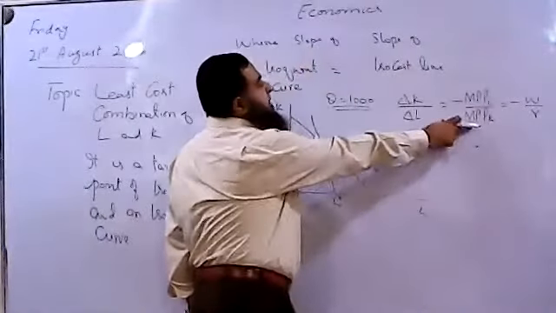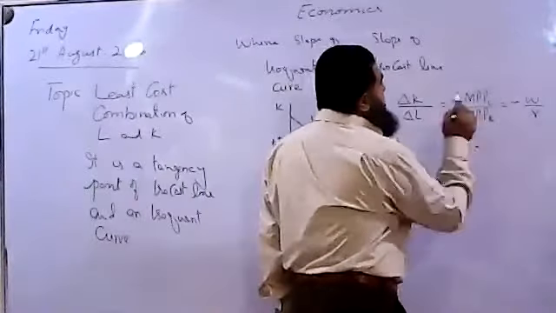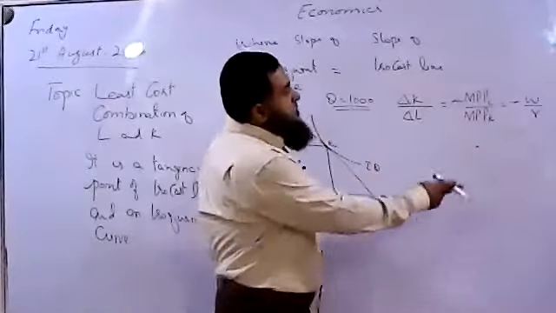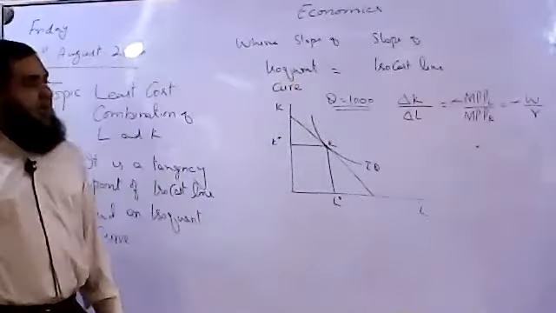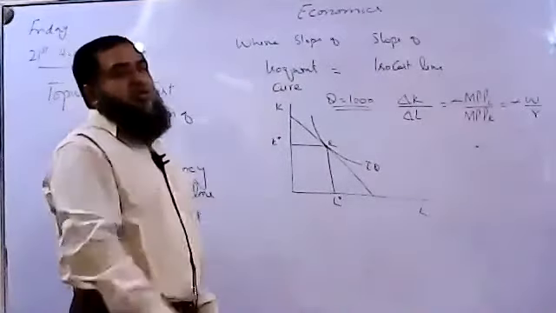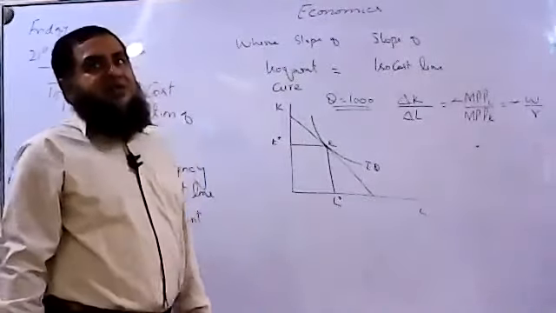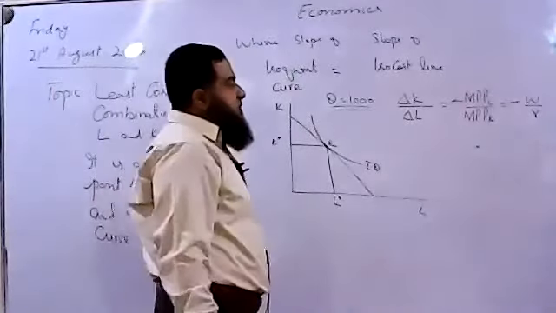This is the slope of the isoquant curve. So the minus sign is cancelled out. We can say where the marginal productivity ratio of labor and capital is equal to their relative price ratio, that is telling us the least cost combination of labor and capital where cost of production will be minimized.